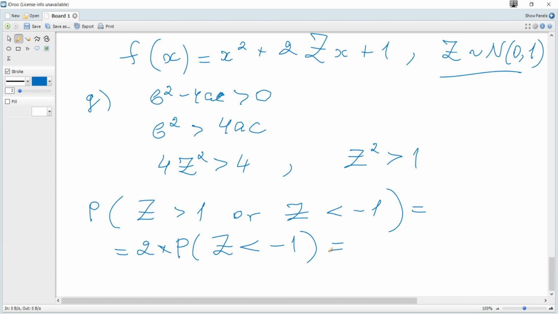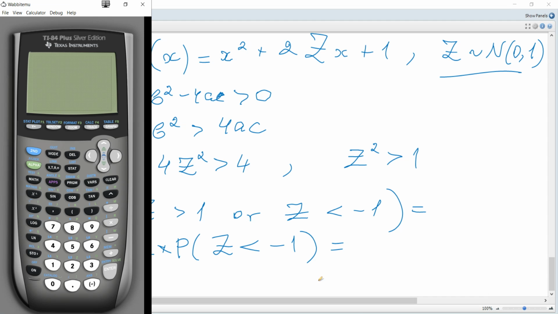And you remember that here we should write strictly less or greater, but for the normal distribution it doesn't matter whether it's less or less or equal, because due to normal, the probability at a point is equal to 0. So we need just the usual normal CDF. Lower bound is negative infinity, but you can enter, for example, negative 100.